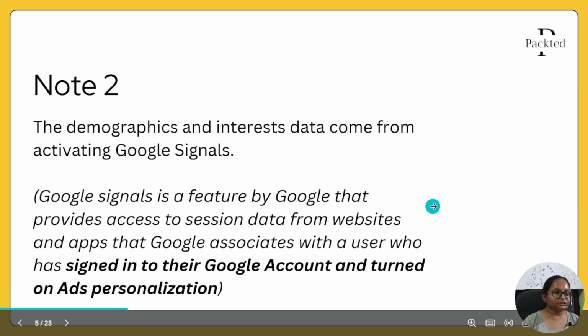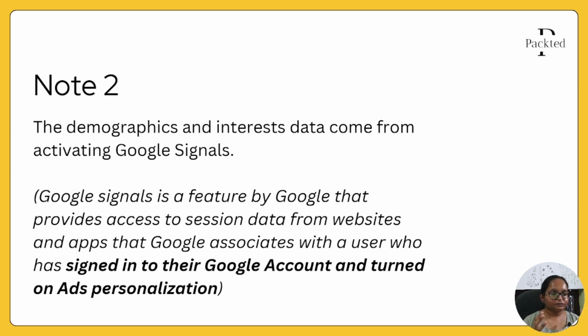So this is just a feature that provides access to data from people who have signed in to their Google account and turned on ads personalization. So basically they're sharing their data such as their gender, their language, their interests and age and things like that. So only then you will get the data in your reports.